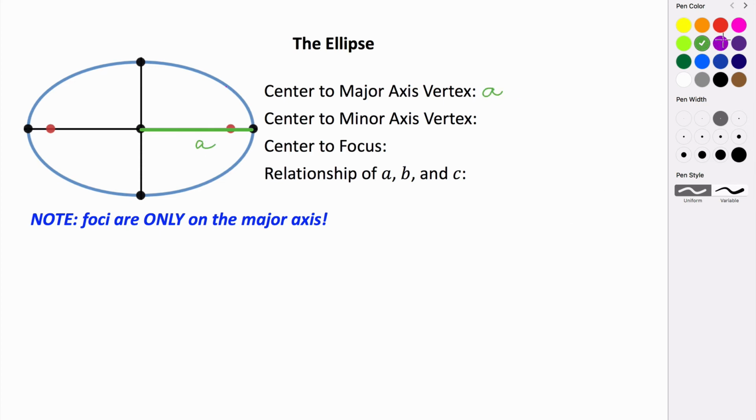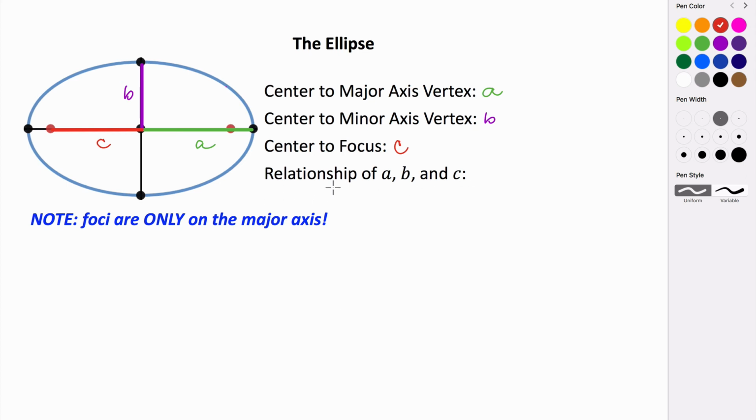The distance from the center to the minor axis vertex, this distance here, we call that distance B. And the distance from the center to our focus, this distance here, we call distance C. So B is from the center to the minor axis vertex, and the center to the focus is C.